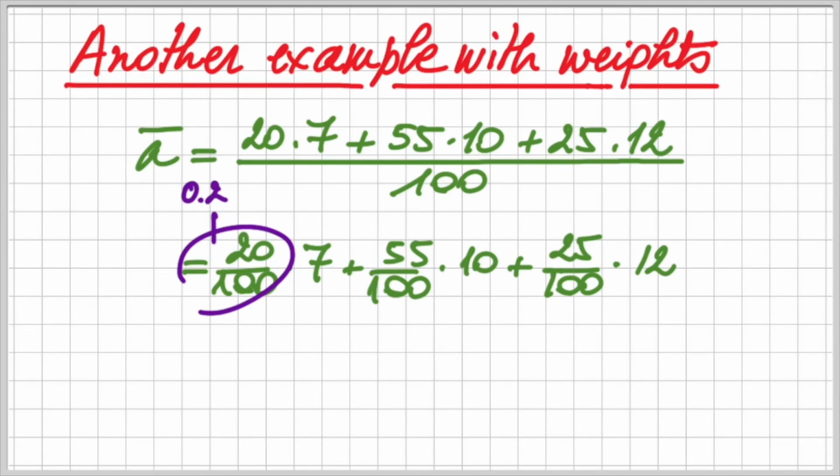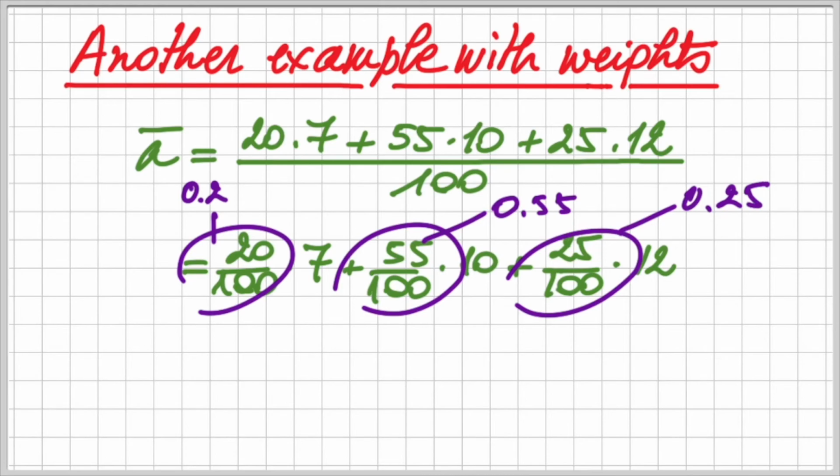Now we can calculate the percentages, because 20 divided by 100 is 20% or 0.2. 55 divided by 100 is 0.55 or 55%. And 25 divided by 100 is 0.25 or 25%.